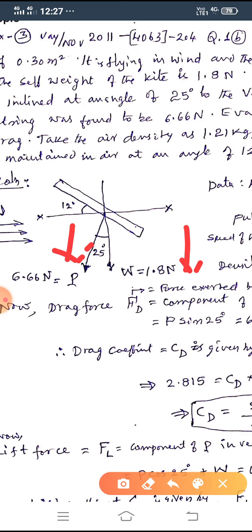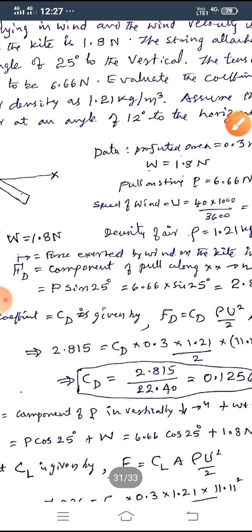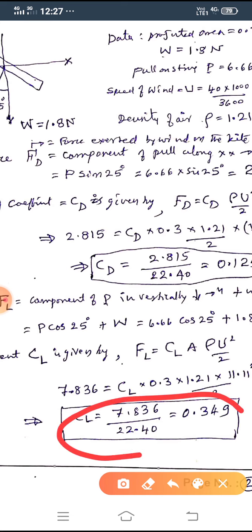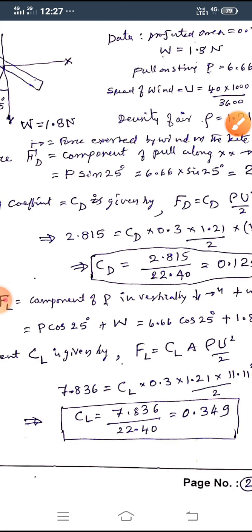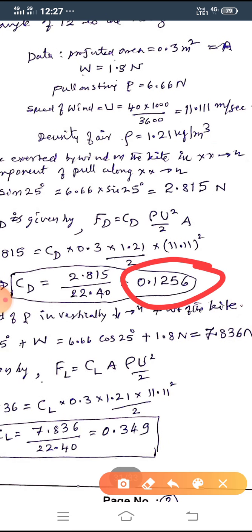Therefore, P cos 25 plus W will become equal to the total vertical force. Therefore, FL is equal to CL A rho U squared by 2, from which we can get the value of CL as 0.349. So, the overall answer is CD is equal to 0.1256 and CL 0.349.